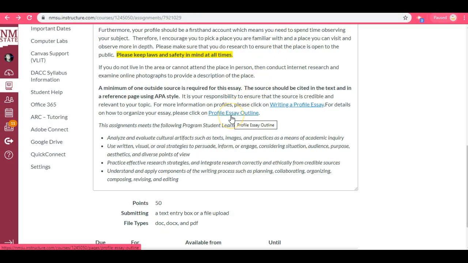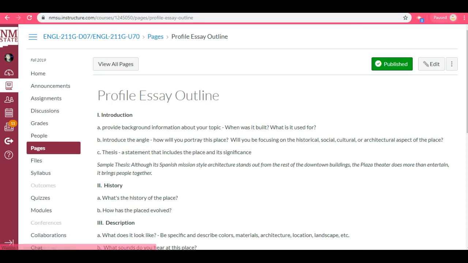Now we are going to look at how to organize your outline. To organize your outline, all you have to do is start off with background information in your introduction. In the background information, what you can include is when this place was built and what it is used for. Also, you want to introduce the angle.